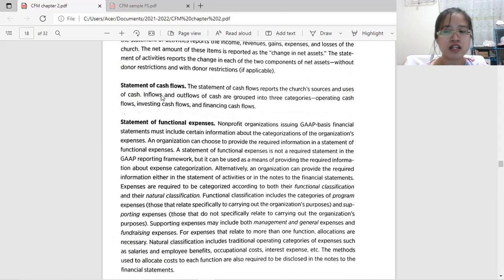The cash flows are classified into three categories: operating cash flows; investing, when the church would buy PPE or fixed assets, either acquisition or disposition; and financing, if they are looking at increasing their equity, but again, churches don't have equity. Members' contributions, yes. It's a different story for business organizations.